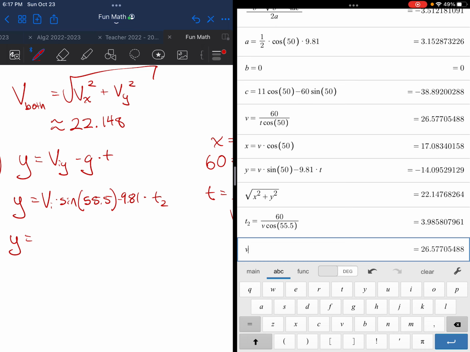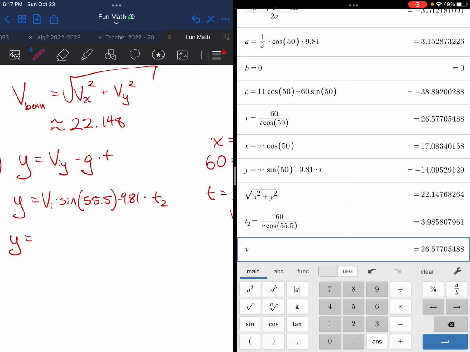So it's going to be equal to my initial velocity times sine of 55.5 minus 9.81 times that thing that I just did, times t2. And that's not right. What's going on? Oh my goodness, this is not my equation for y.